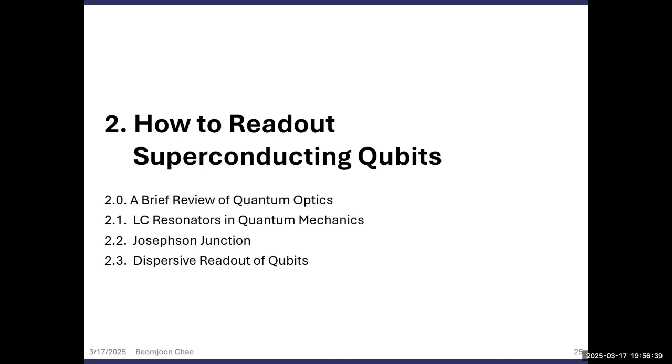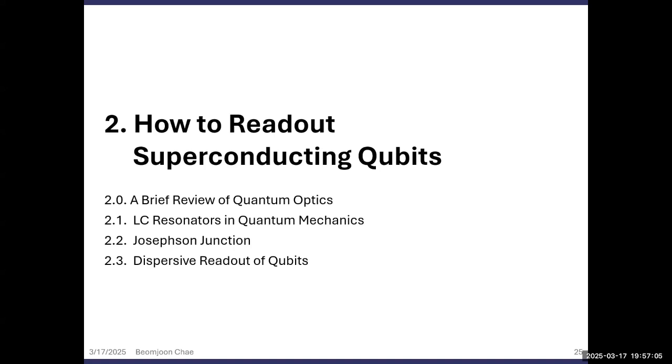I gave a presentation on an introduction to quantum optics, and the concepts that I mentioned in those basic seminars are also widely used in the field of superconducting qubits. So I'm going to briefly review quantum optics.